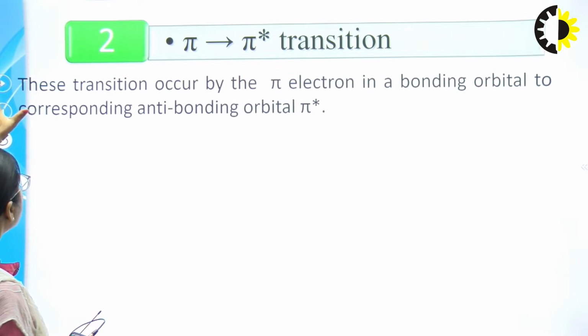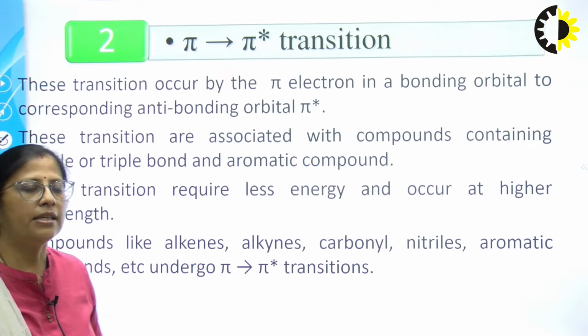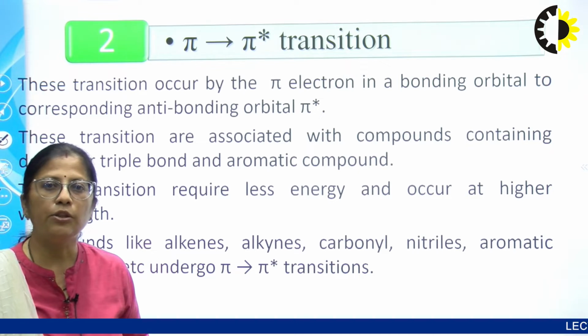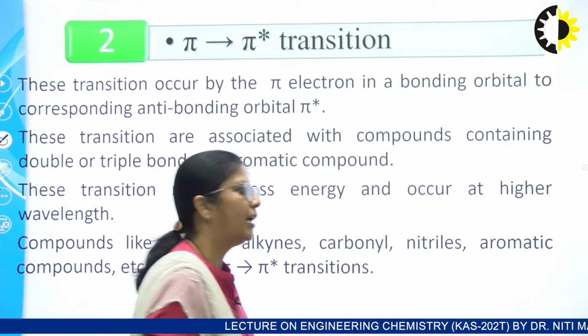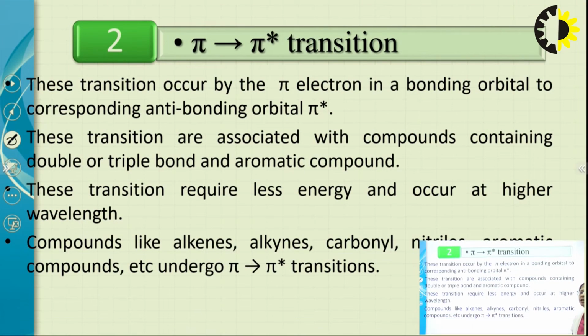Next is the pi to pi star transition. This type of transition is generally seen in compounds which contain a pi bond, normally those which contain a double bond or a triple bond. Because the pi orbital is already at an elevated energy state, these electrons do not require as high an energy as sigma electrons for their transition.